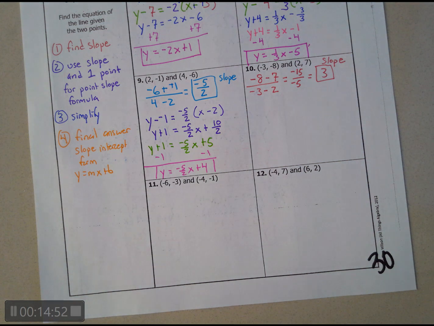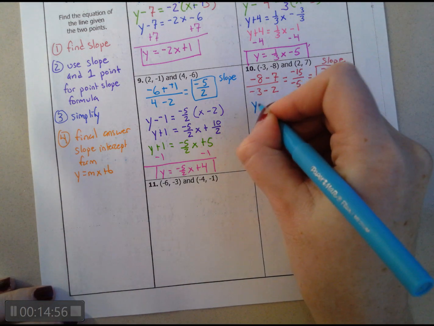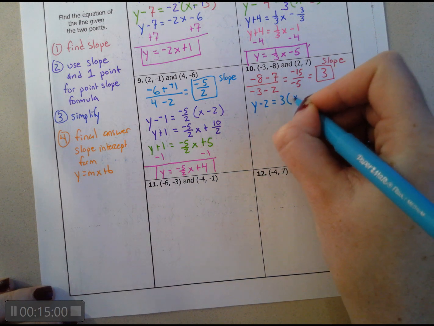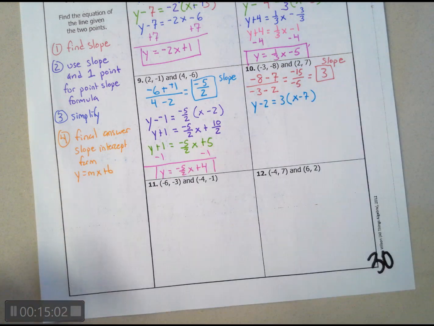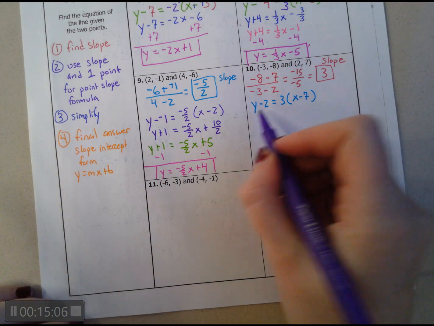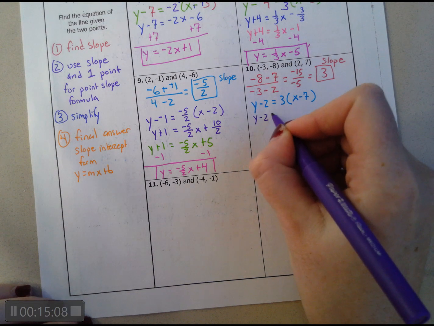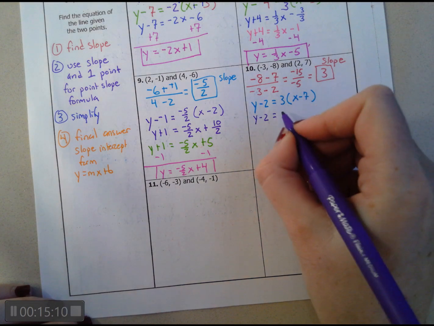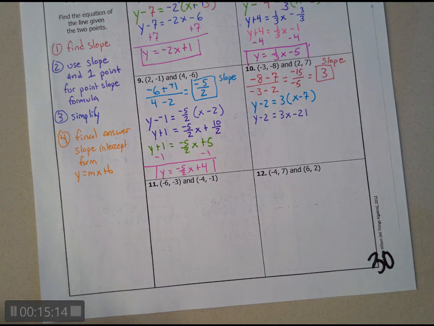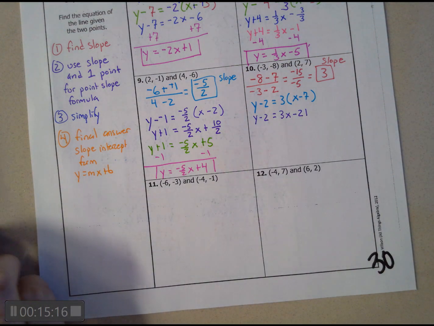And then y minus 2 equals 3 times x minus 7. Nothing to simplify here, so just bring it down. Distribute your 3, so 3x minus 21, because remember 3 times negative 7 is negative 21.